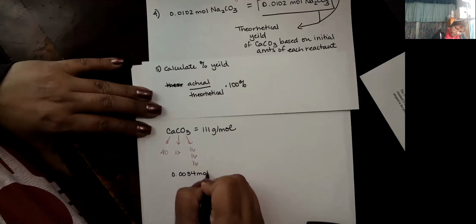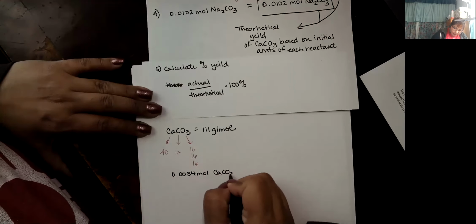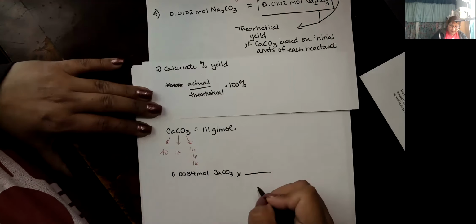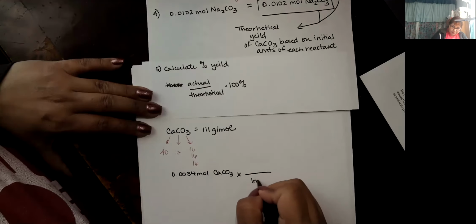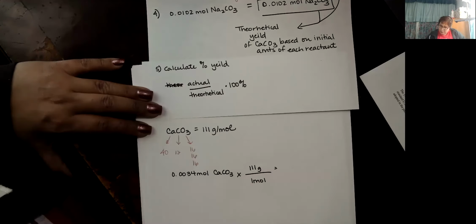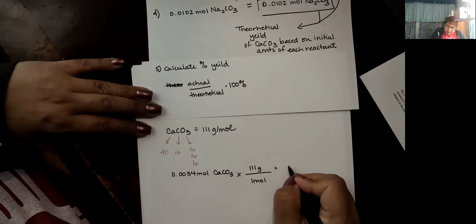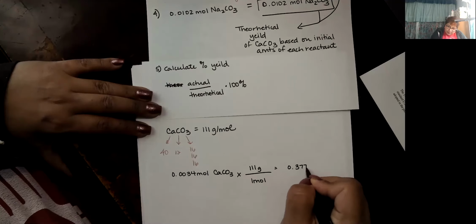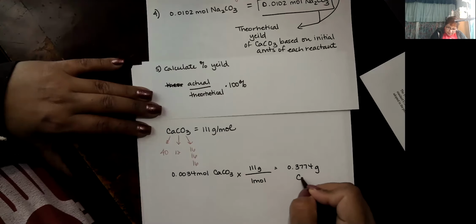So now I'm going to convert 0.0034 moles of calcium carbonate to grams. So 1 mole is equal to 111 grams. So that would be 0.3774 grams of calcium carbonate.